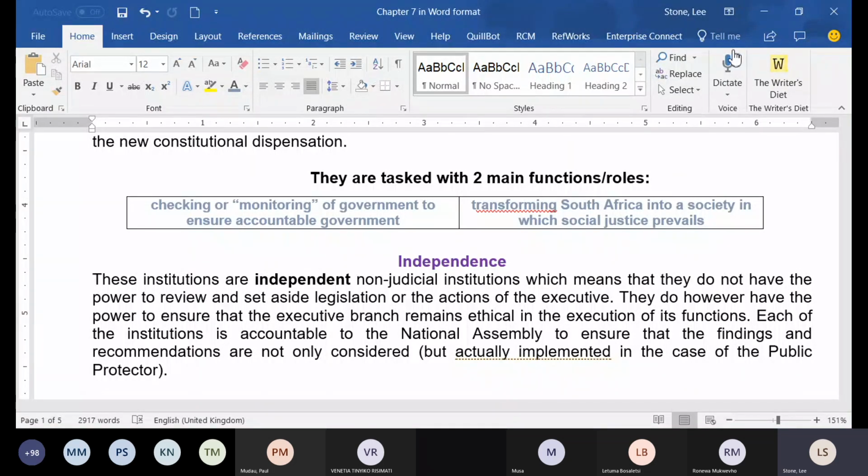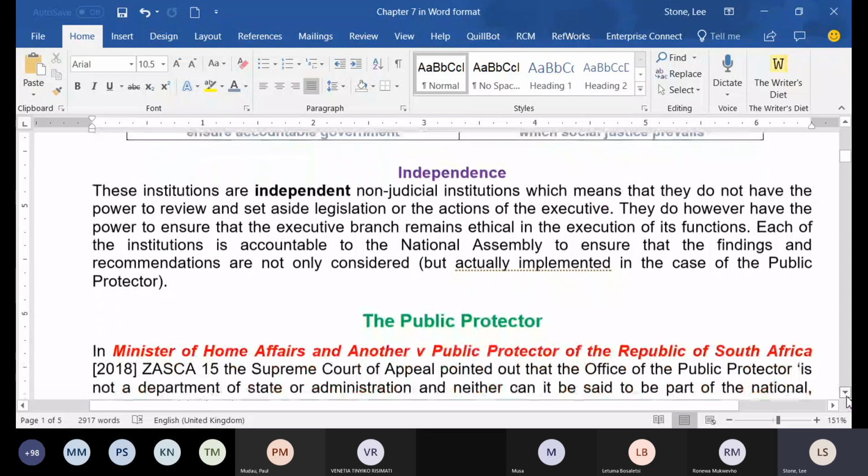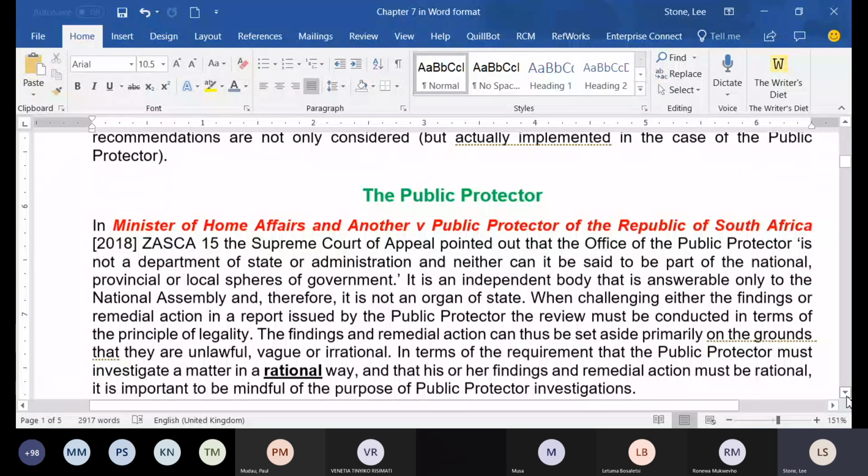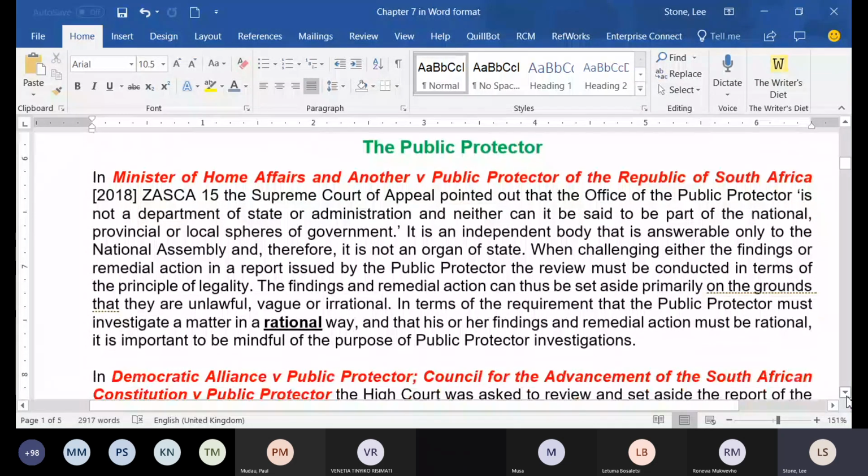I see that my page seems to, okay, I hope it's still being shared. So I'm going to focus now, as I say, on the public protector.